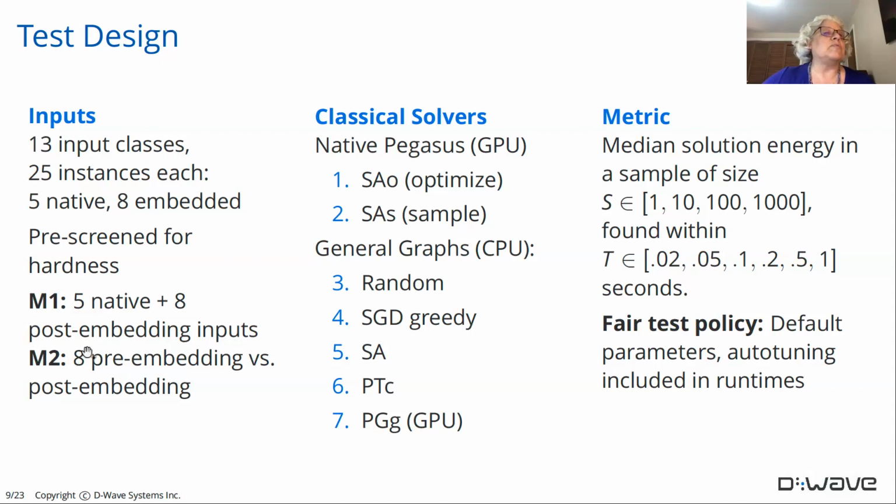Then in milestone 2, we took the 8 embedded problems and compared performance of classical solvers on the pre-embedded version against quantum solvers on the post-embedded version. We used 7 classical solvers. 2 of them are implemented on GPU, and so they solve the native Pegasus graph and have some optimizations embedded to maximize the efficiency of the parallel GPU computation.